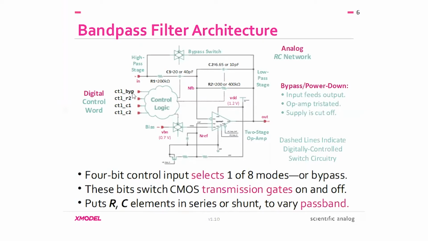However, when this most significant bit is asserted, it puts the entire filter into bypass power down mode. The op-amp is tri-stated. It's cut off from the supply voltage and from the bias voltage. And via this transmission gate, there's a bypass path directly from input to output.